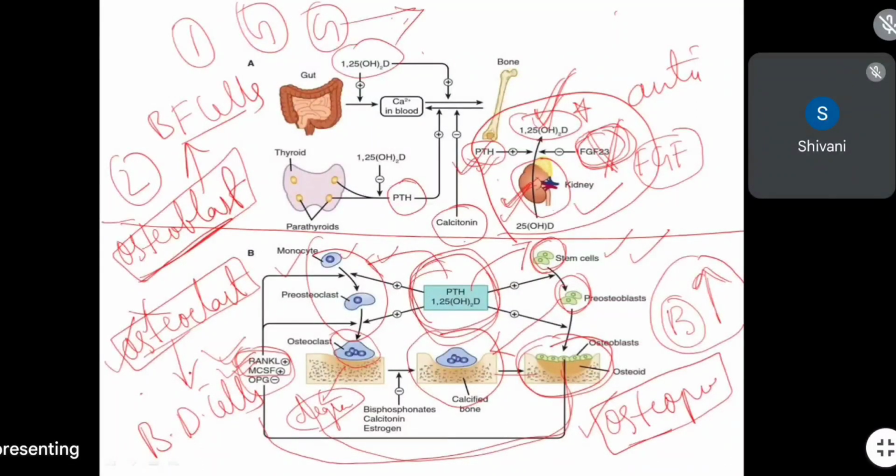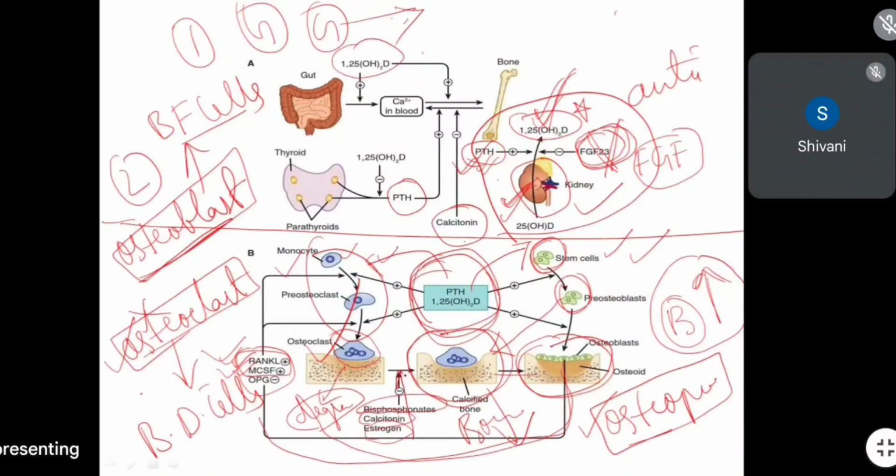Okay, now you see, sometimes due to hormonal imbalance or menopause, in some patients osteoclast activity increases. So in those cases, what will happen? Osteoclast activity will try to degrade the bones by removing calcium from the bones. That is called bone resorption. So here, as I just told, there are some drugs: bisphosphonates, calcitonin and estrogens.